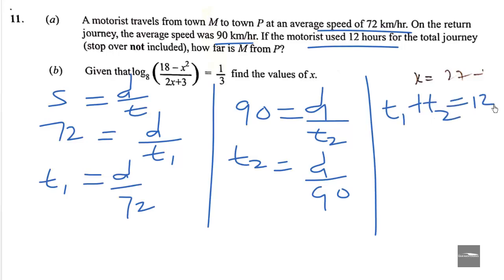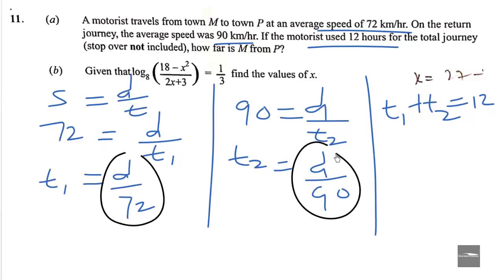So this means that we are going to have an equation like this. Remember that t1 is d over 72, t2 is d over 90. So d over 72 plus d over 90 is equal to 12. You can find the LCM, which is 360.